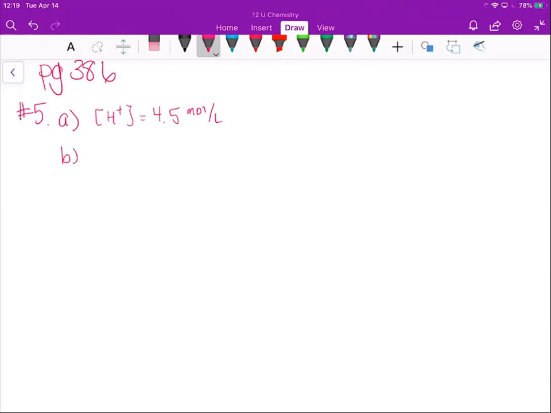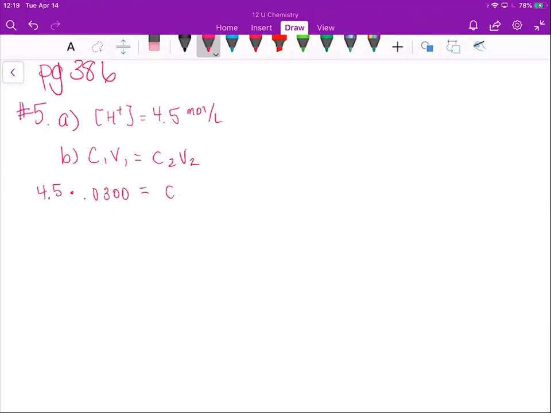B, 30 milliliters of 4.5 mole per liter hydrobromic acid, another strong acid, diluted to 100 milliliters. So this one is going to involve using C1V1 equals C2V2. It's not additive, okay, because you're diluting, so let's put in the numbers. The first concentration is 4.5 moles per liter, and it's 30 milliliters.